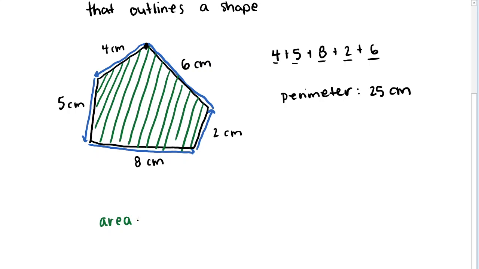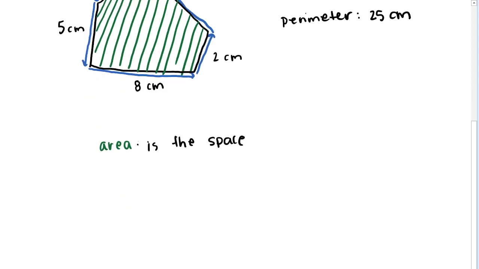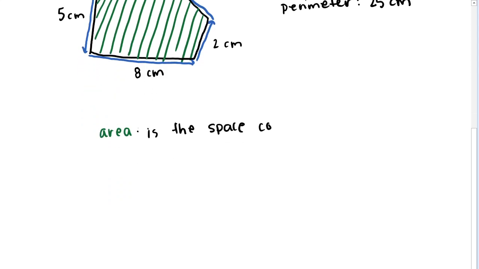And so area is the space contained in a flat shape. Some examples you can think of are the floor space in a room, or in a yard, or if you have a piece of paper that's flat, it's the amount of space that paper covers. That's the area of that piece of paper.